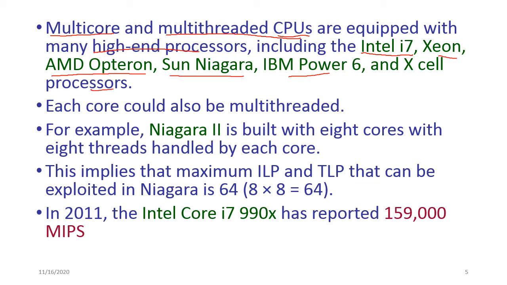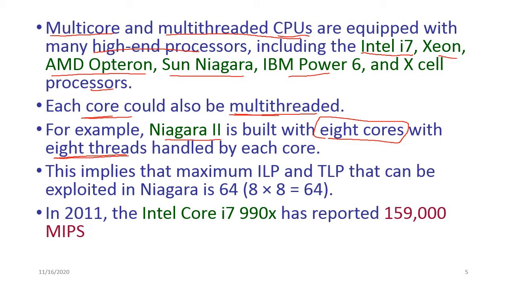Each core in a multi-core processor should also be multi-threaded. For example, Niagara 2 is built with 8 cores, and each core can handle 8 threads.